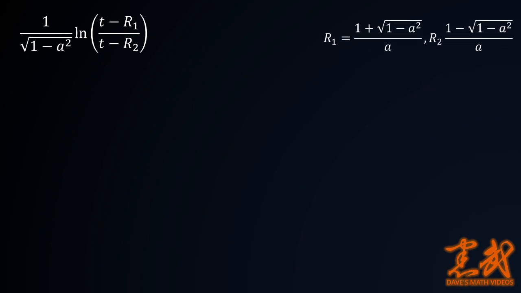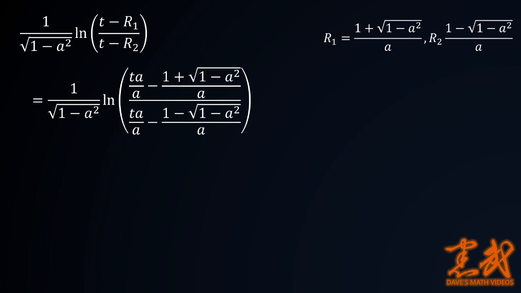At this point, we should back substitute for t and r1. We recall that r1 is equal to 1 plus the square root of 1 minus a squared, all over a, and that r2 is equal to 1 minus the square root of 1 minus a squared, all over a.